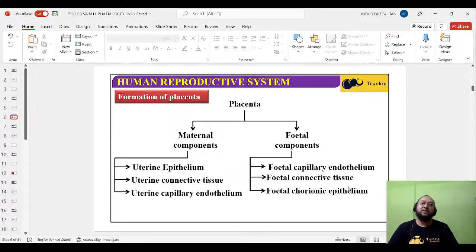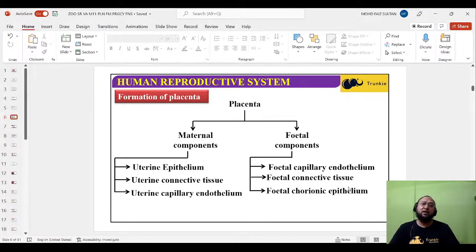Now, as you can see, the placenta has two parts: maternal components and fetal components. If you observe and study the maternal components, you will find three different layers of tissues: the uterine epithelium, the uterine connective tissue, and the uterine capillary endothelium, which is supplied with blood.